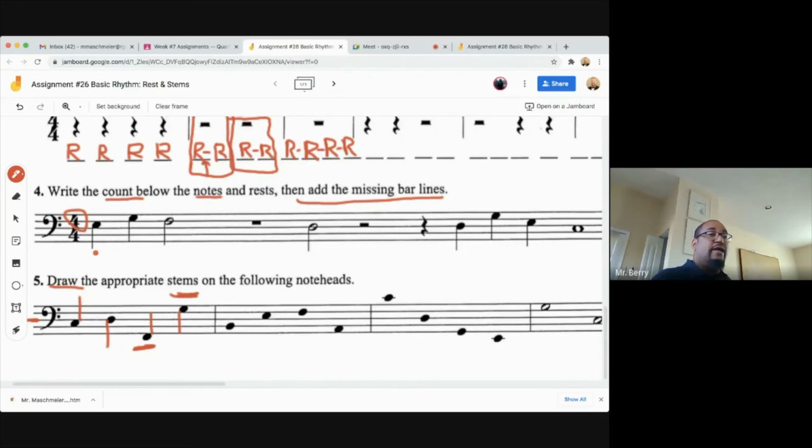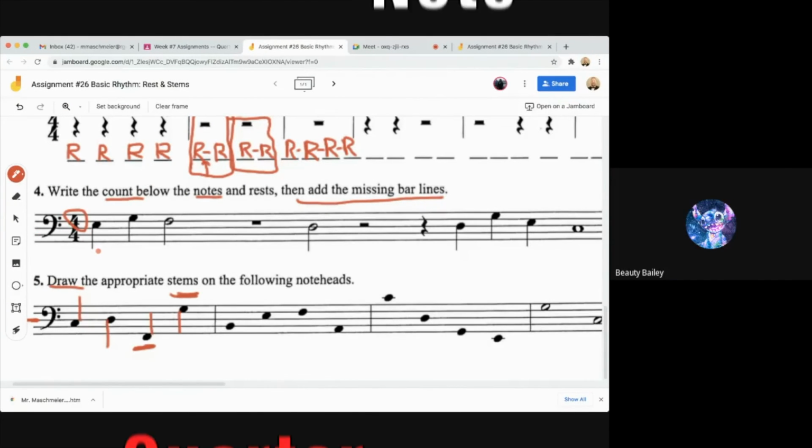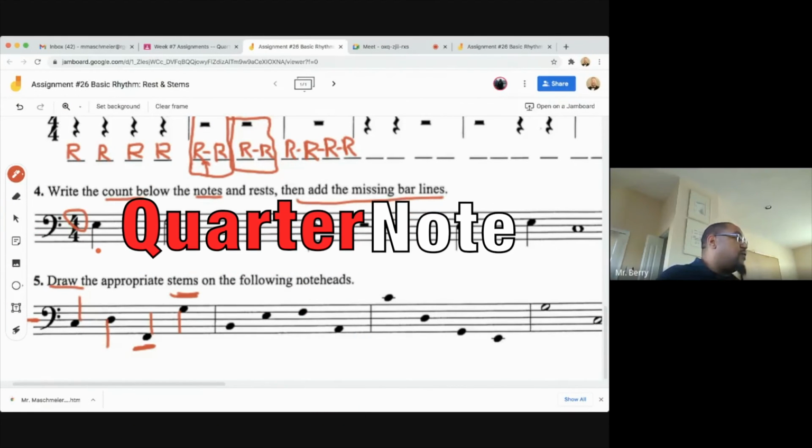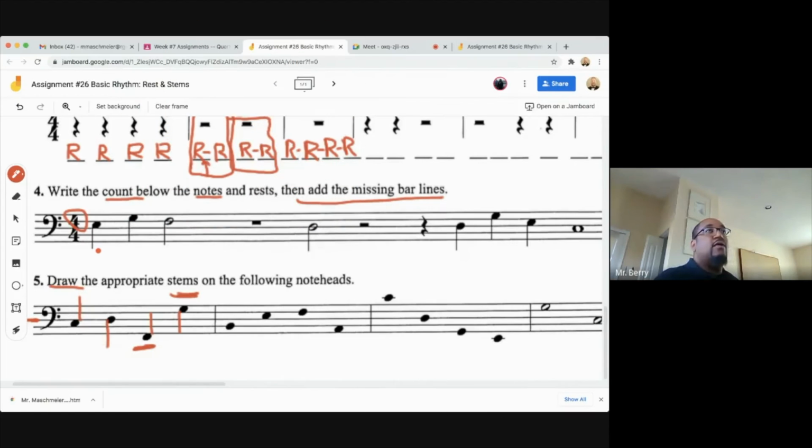Someone tell me, what type of note is the first note here? Quarter note. Very good. Thank you, Beauty. The value of a quarter note is 1 beat. The first quarter note is on beat number 1 in the measure. It is followed by another quarter note, also equivalent to 1 beat, but on beat number 2 in the measure. So we're going to give it a 2.